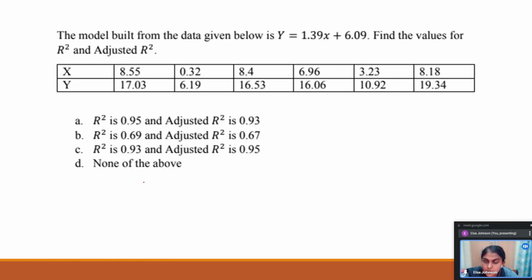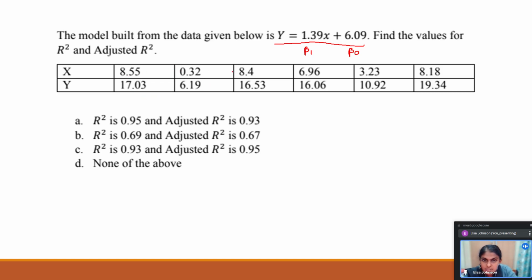Now the model built from the data given below is y equal to 1.39x plus 6.09. So we are given an equation. Okay, so the beta 1 value and beta naught value are already available. Find the values for r square and adjusted r square. Okay, so now you can see it is just like the equation that we have seen a little bit earlier.